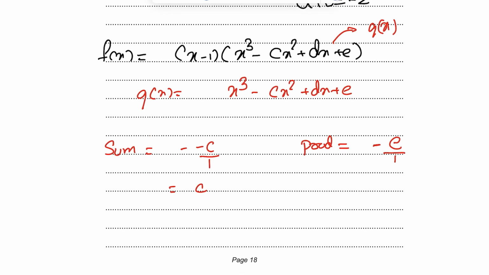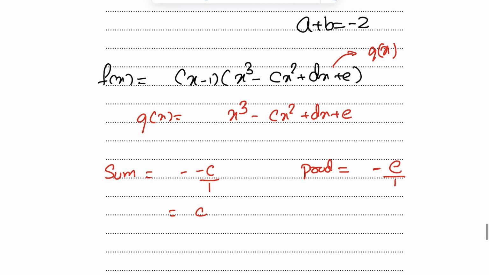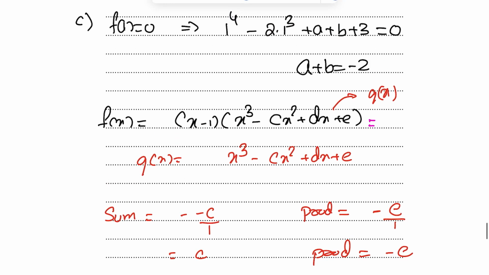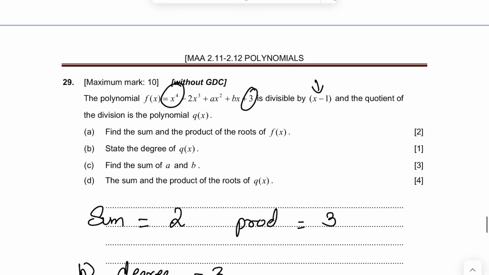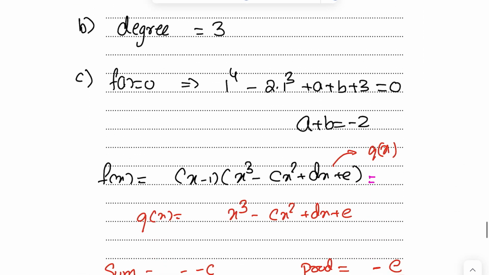So the main intention is to find c and e. So the product of the roots is negative e. Now how do I find the value of c? Now this entire thing equals x to the power 4 minus 2x cube plus ax square plus bx plus 3. So I move this one entire over here.